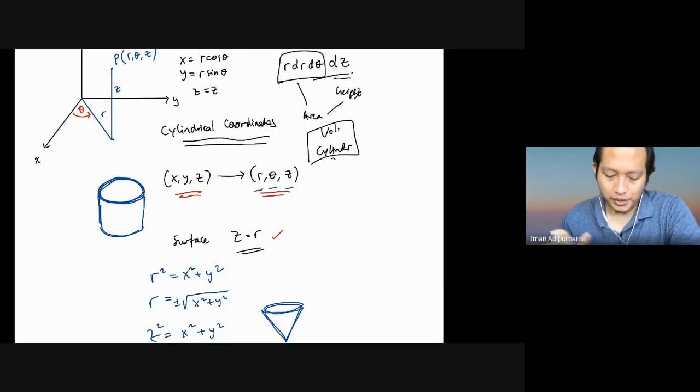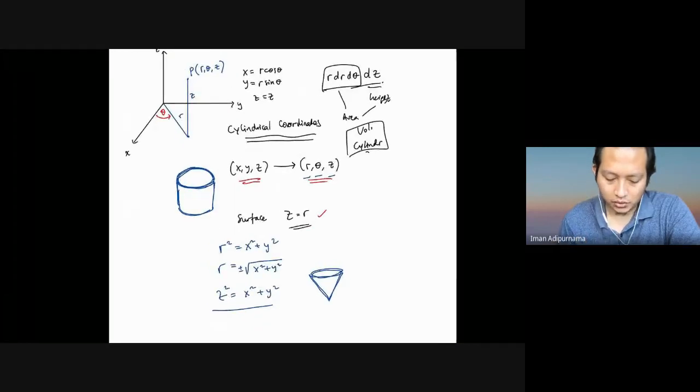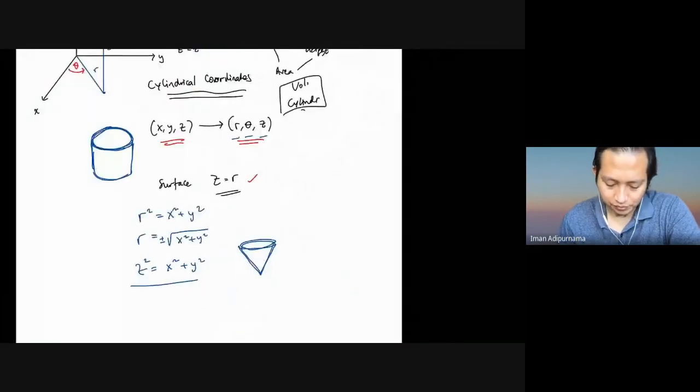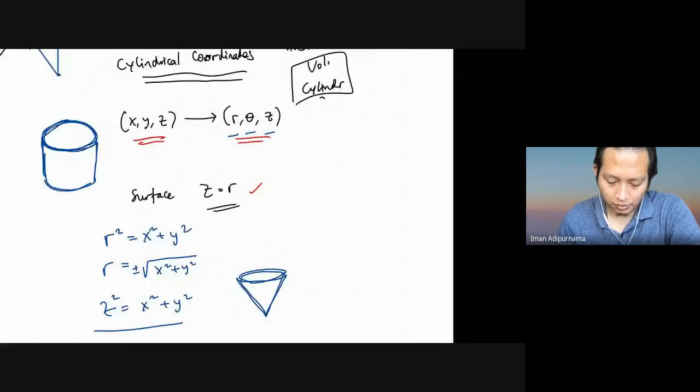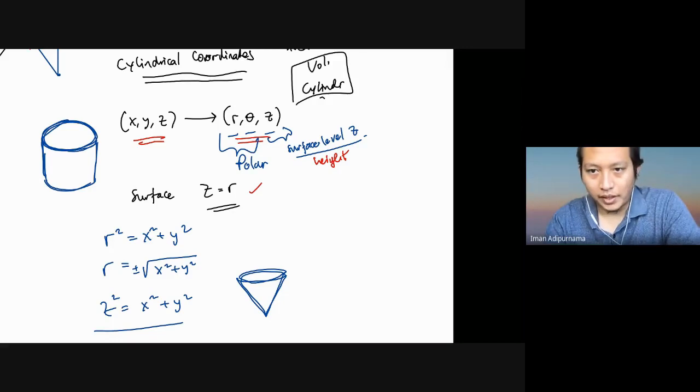Basically, what cylindrical coordinates means is you will have a polar with some surface level, surface level z. Basically, it's the height, right?